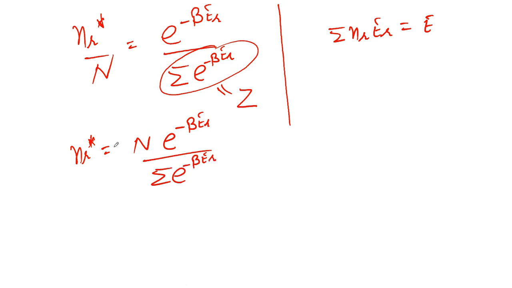So this nr over N is generally known as the probability pr, that is the maximum probable state pr.